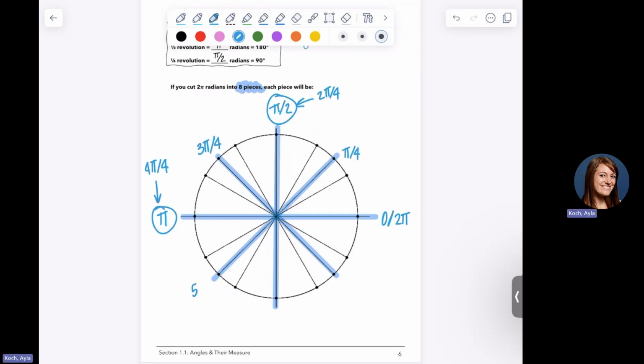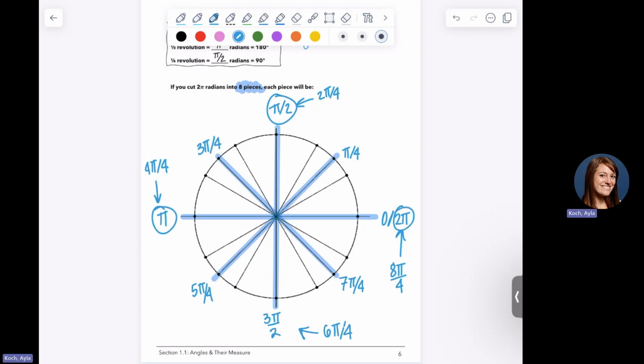This will be 5 pi over 4. This is 6 pi over 4, but that simplifies down to 3 pi over 2. And then this is 7 pi over 4. And 2 pi is the same thing as 8 pi over 4, just simplified.